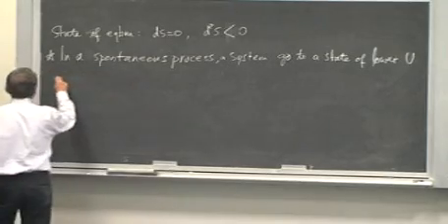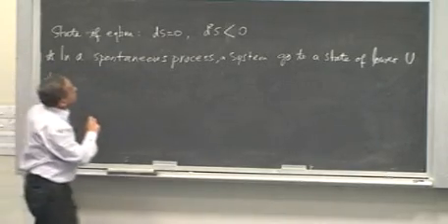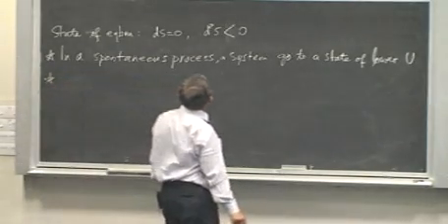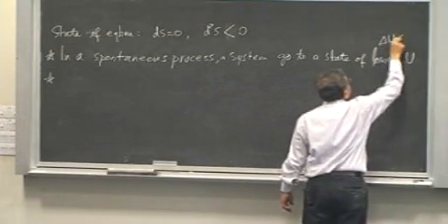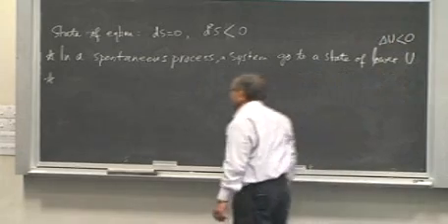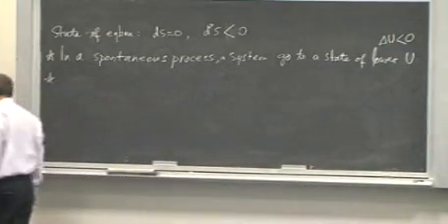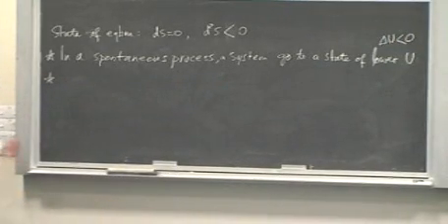And so हमने वहाँ पर लिखा delta S is positive, यहाँ पे delta U is negative. It goes to a state of lower energy. UF is smaller than UI. Okay, and delta U is UF minus UI.